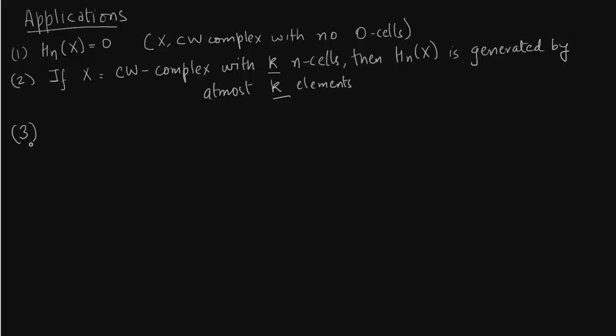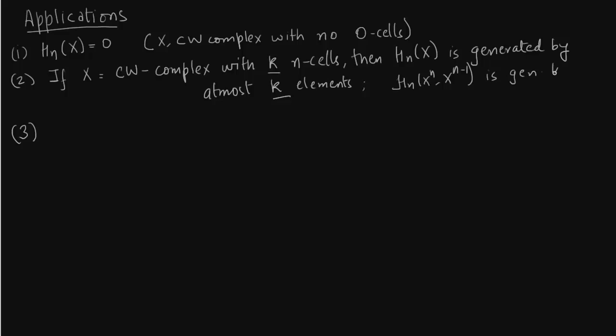So let us elaborate on this a bit further. Now it is obvious that Hn comma Xn minus 1 is generated by at most k elements, because obviously there are k n cells, so only these k cells can be the generators of Xn comma Xn minus 1. Now you know that Dn acts on this group. So this part is clear.